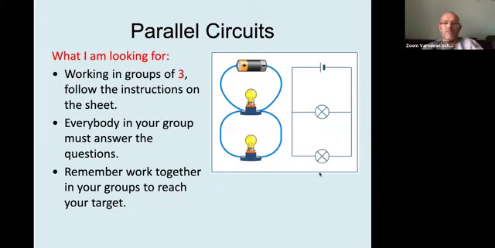Now, there's a difference about the potential difference. If the electrons coming along here have all got 4 volts of energy, it doesn't matter if half of them go that way and half of them go that way. They all still have 4 volts of energy, because that's how much they've got.